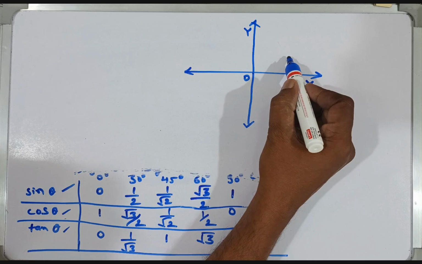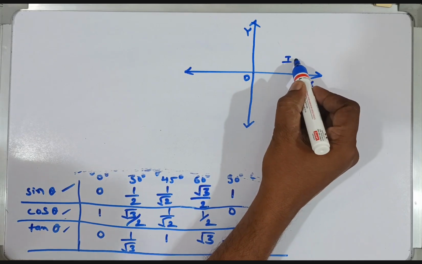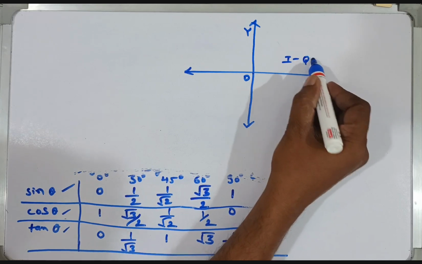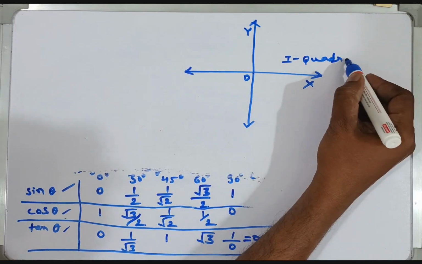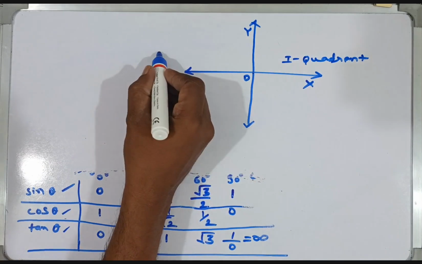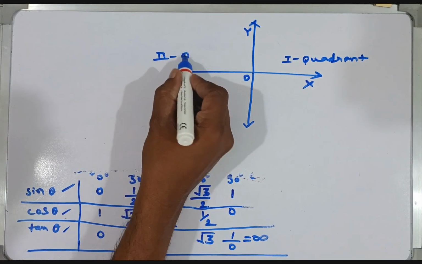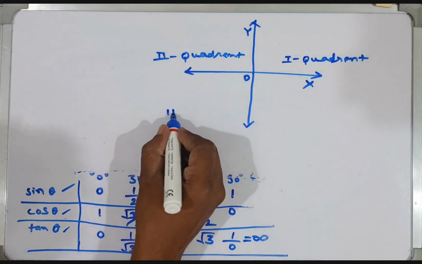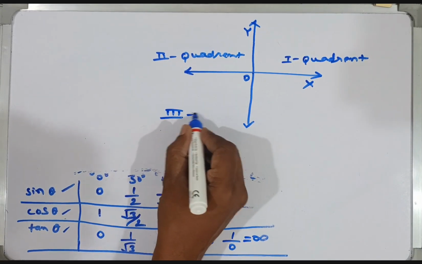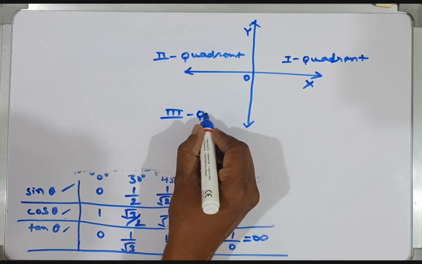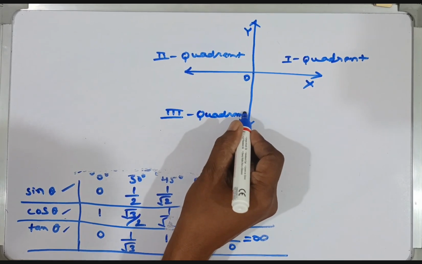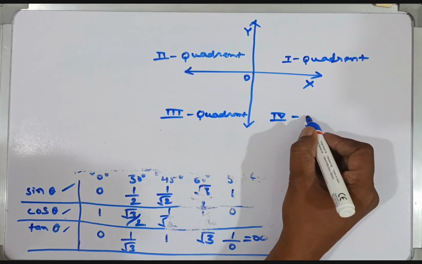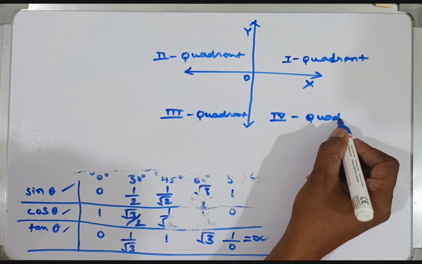This part is known as the first quadrant in mathematics, this is the second quadrant, this one is the third quadrant, and this one is the fourth quadrant.